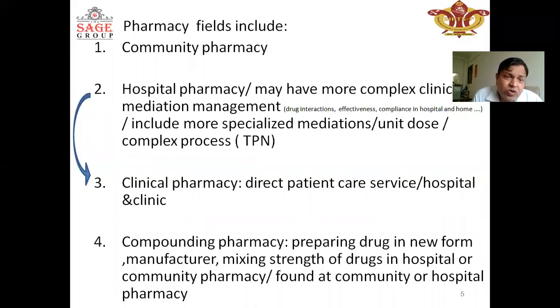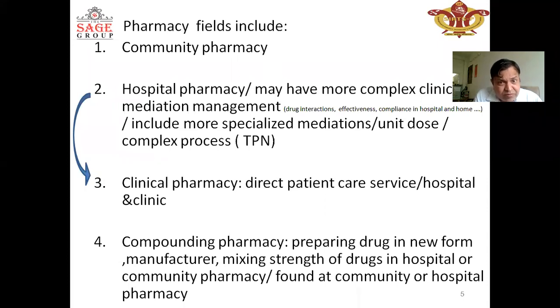That is also looked at by the pharmacist, who directly informs the physician regarding the prescription, drug interaction or drug adverse reaction. Now clinical pharmacy is a direct patient care service in a hospital and clinic.